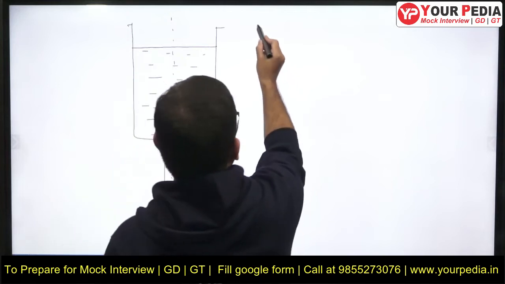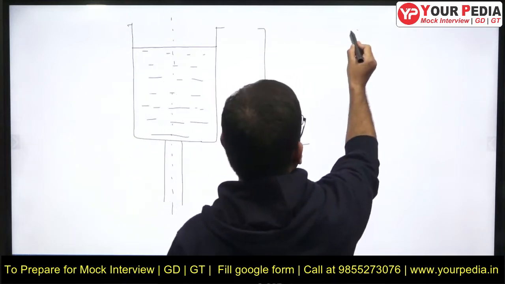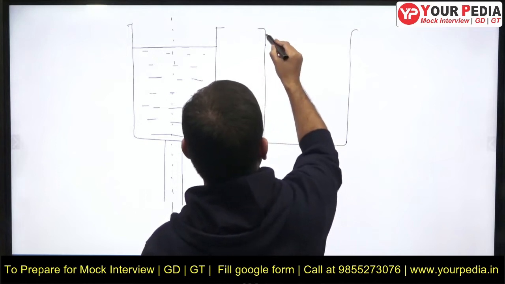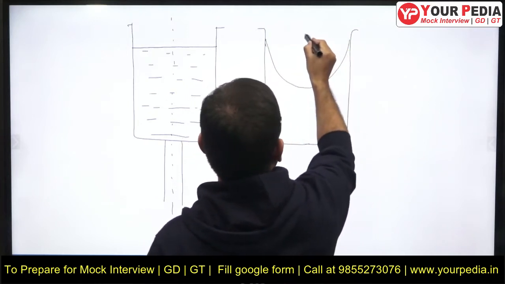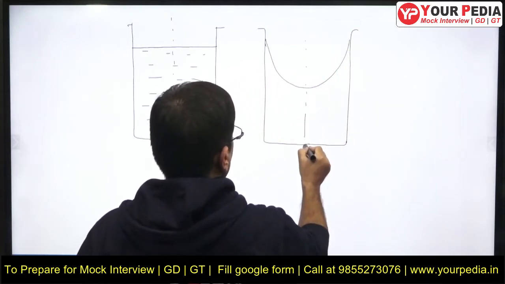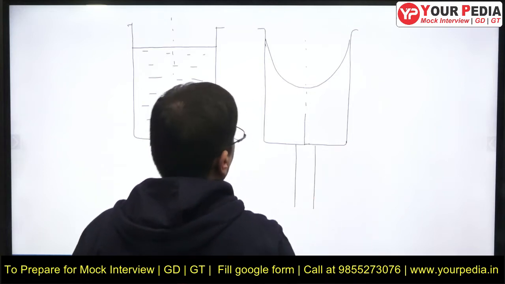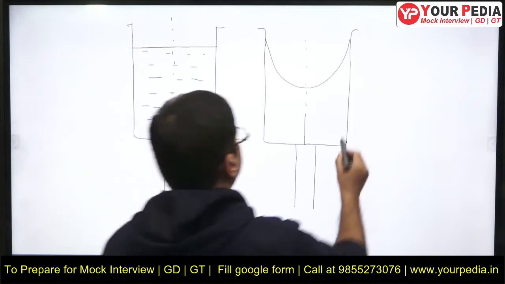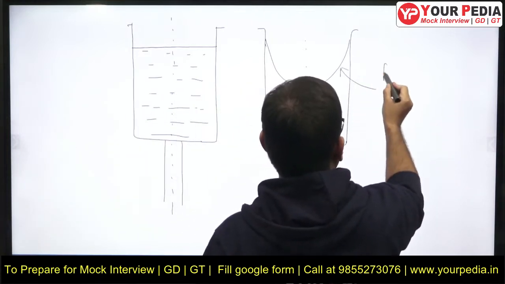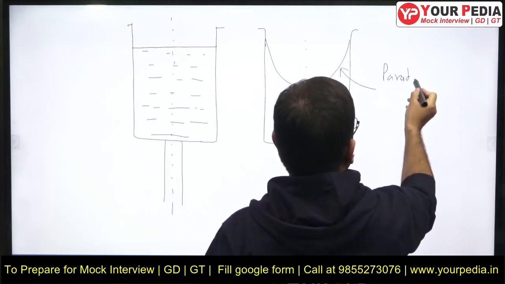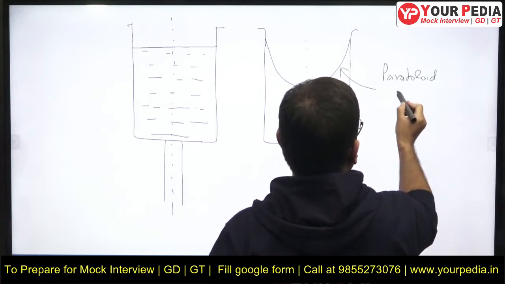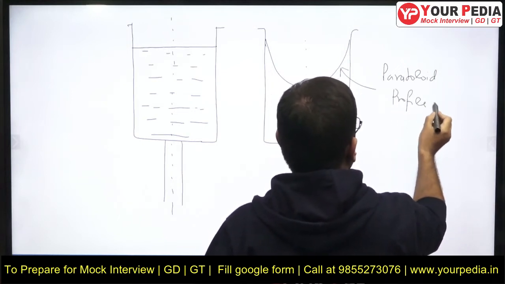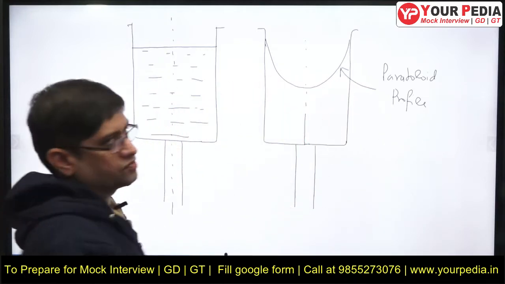The moment I start rotating this cylinder about this axis, what will be the profile of the free surface? You know from school days, this will be a paraboloid, the profile of the liquid free surface.